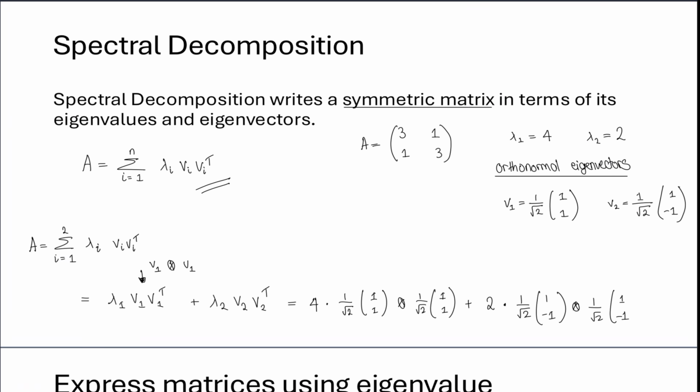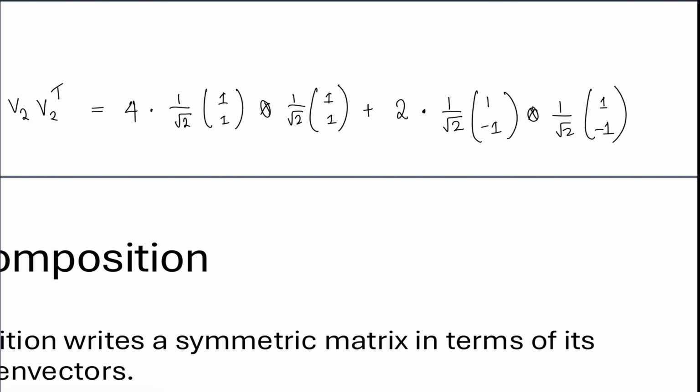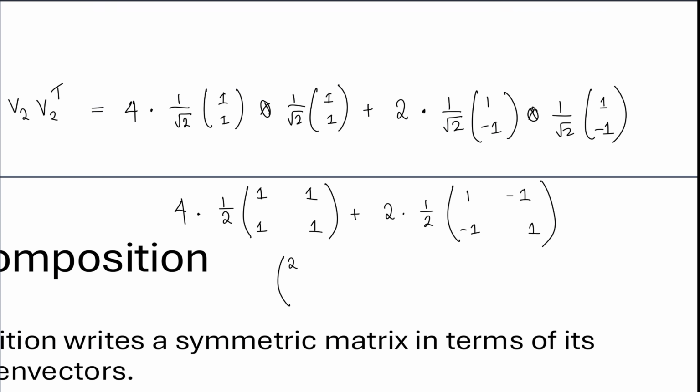(1, minus 1). So if I now work this out, we get 4 multiplied by a half [1, 1; 1, 1] plus 2 multiplied by a half [1, minus 1; minus 1, 1]. And so we get [2, 2; 2, 2] plus [1, minus 1; minus 1, 1].